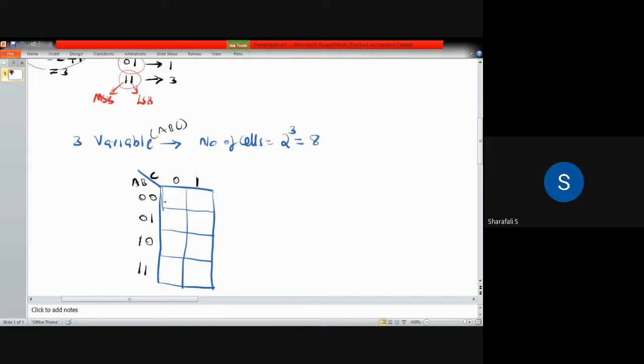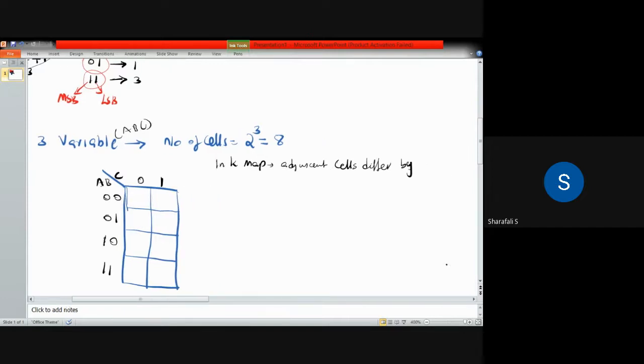And in this K-map, as it follows the Gray code, adjacent cells differ by 1 bit.